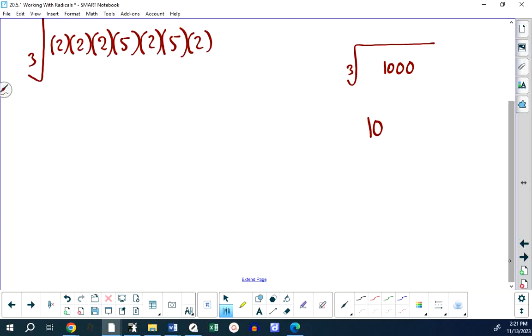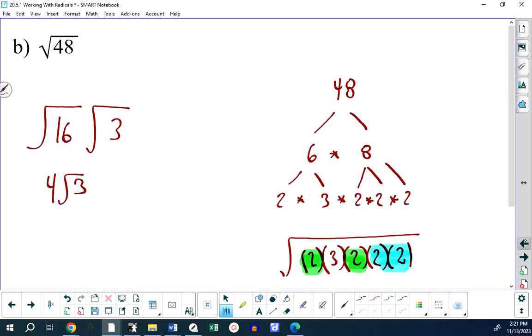In other words, 1,000 is, look at my fingers, 10 times 10 times 10. 10 cubed gives you 1,000, which means the cube root of 1,000 is 10. 5 squared is 25, so the square root of 25 is 5. And I just finished explaining in A and B that when you have a pair of identical factors under a square root, you can get them out of there by writing a single factor outside.